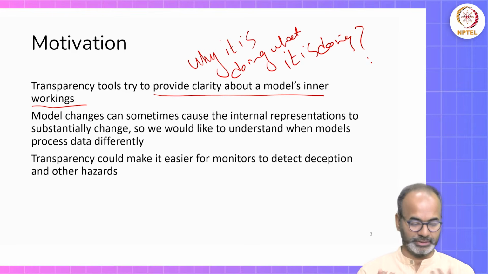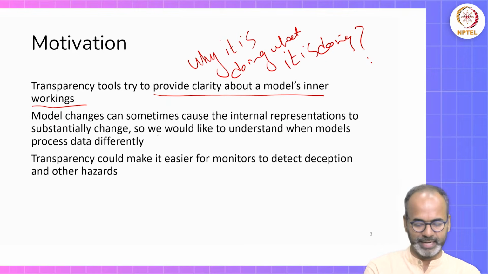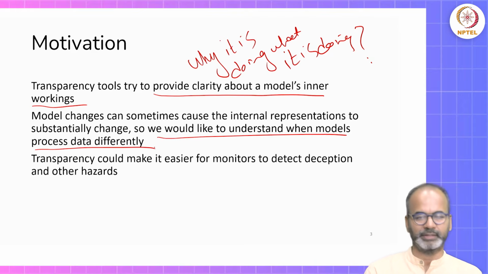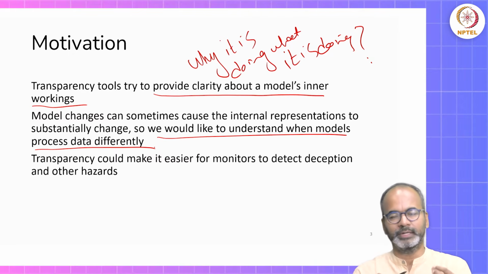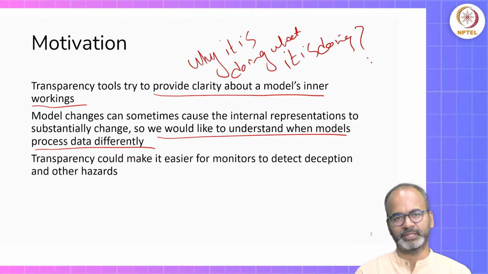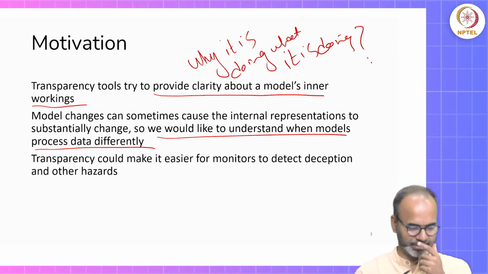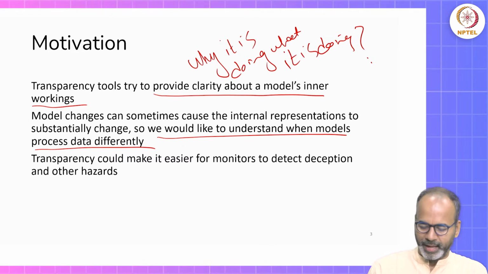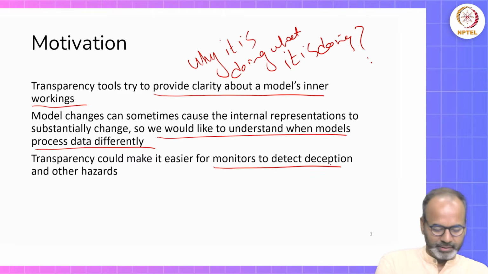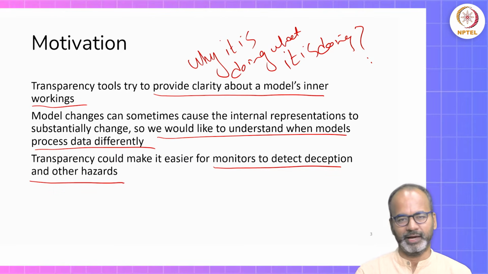Model changes can sometimes cause the internal representations to substantially change also. Some changes in the models can change things, so we would like to understand when the models process data differently. You want to know when the models change something, why it is changing, and what it is changing. It also helps with deception and other hazards.